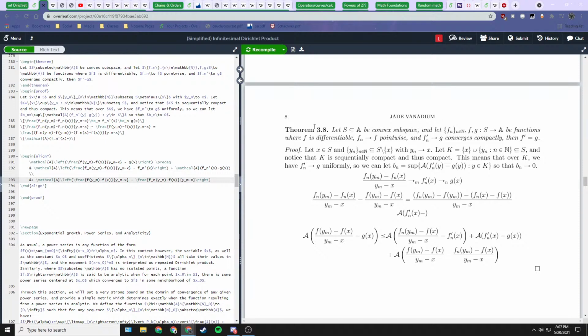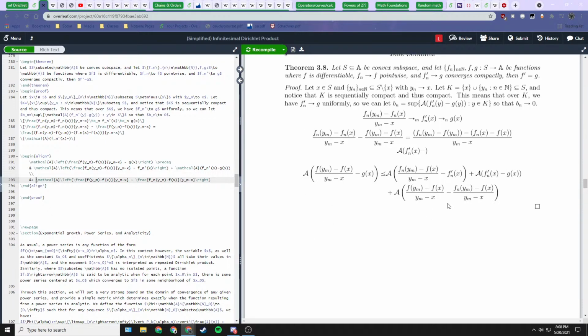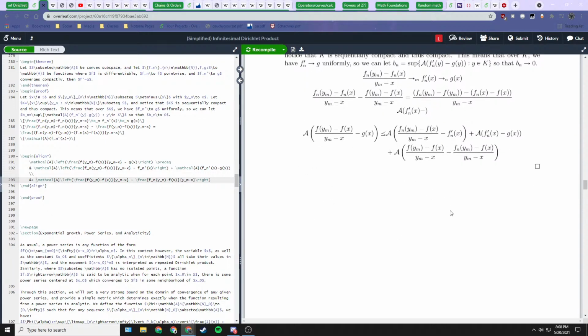Yeah, so this term, well, okay, so if we take m to infinity here, this will end up being 0 for each n.